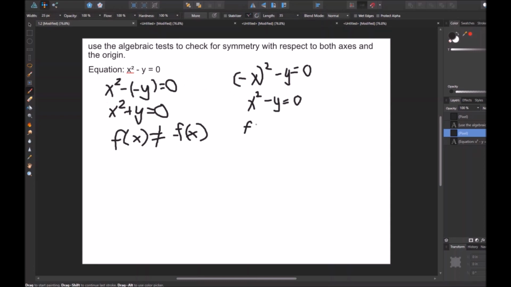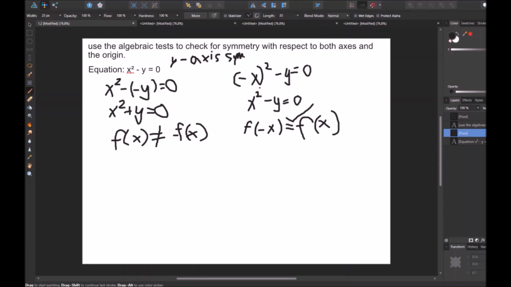So we can say that f of negative x equals f of x, meaning that this equation is symmetric about the y-axis. So we know that it has y-axis symmetry, and I'll just abbreviate it to SYM.